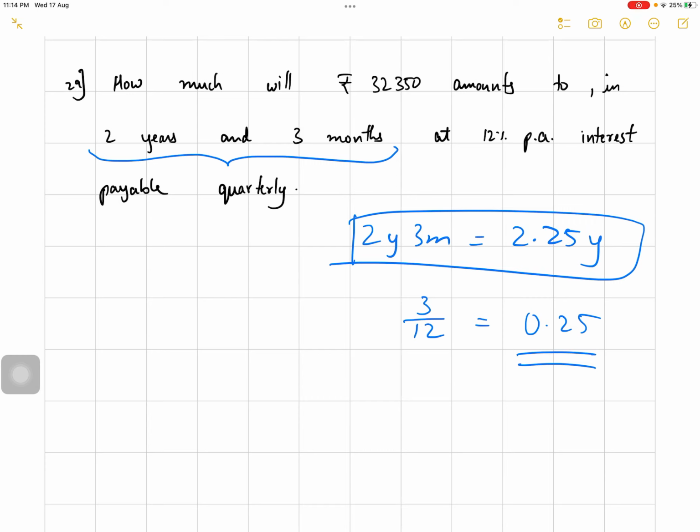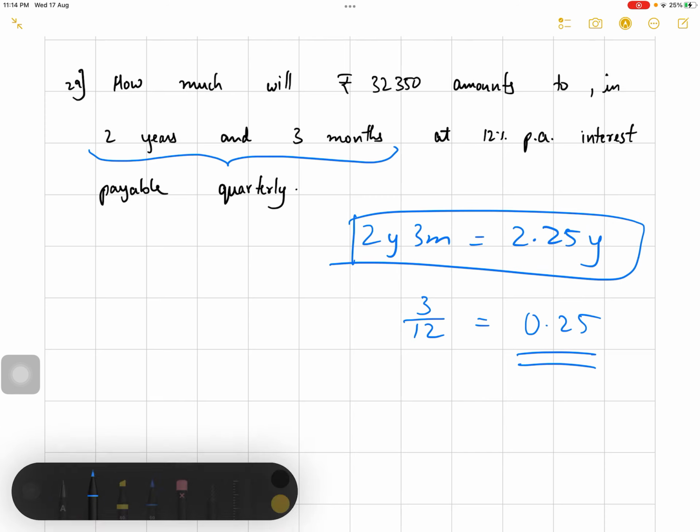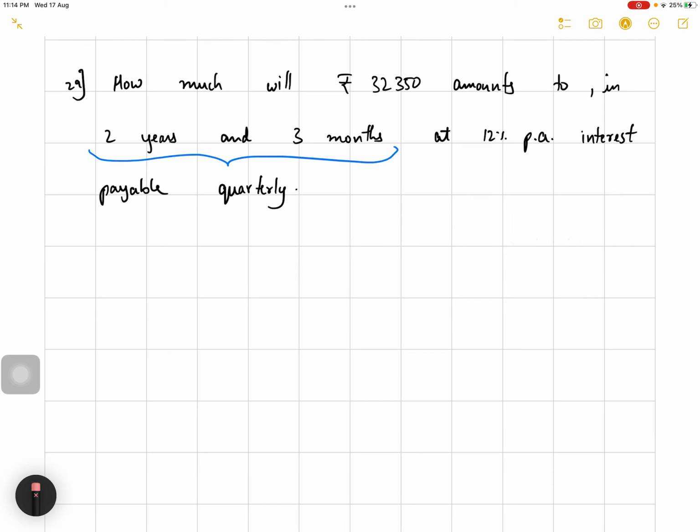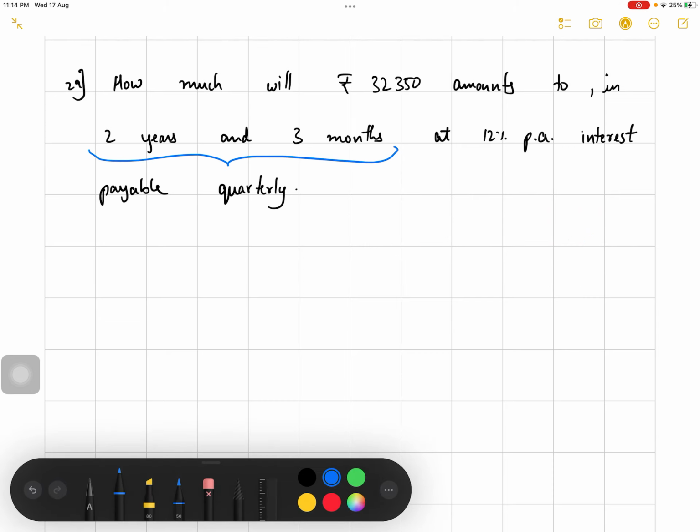How much will rupees 32,350 amount to in 2 years and 3 months at 12% per annum, interest payable quarterly? We can solve this in 2 ways actually, so let's solve in both ways.